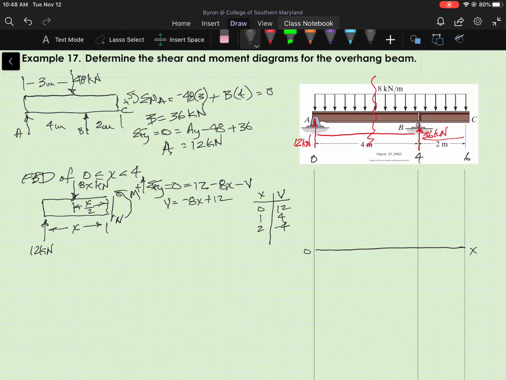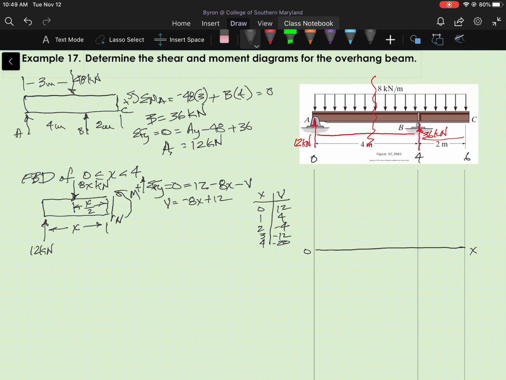At x equals 3, V is going to be -12. And at x equals 4, V is going to be -20. Okay, so V is going to vary from positive 12 kilonewtons down to -20 kilonewtons for this segment of the beam.